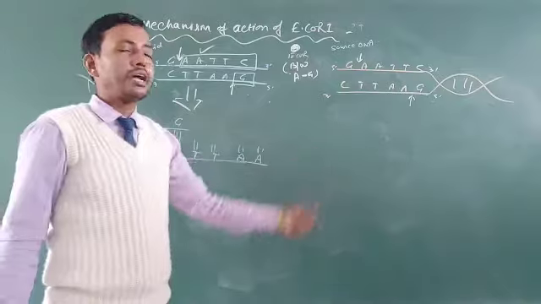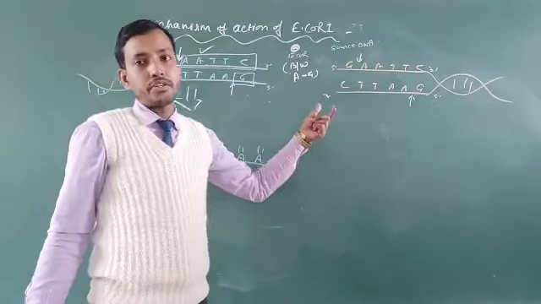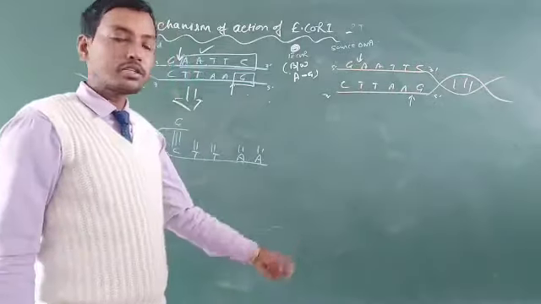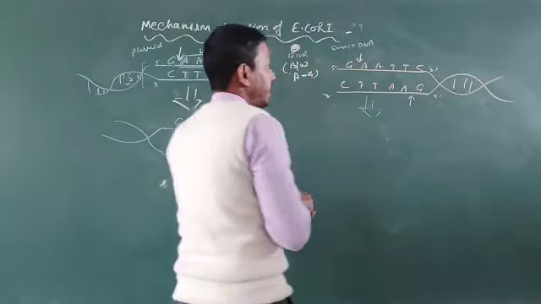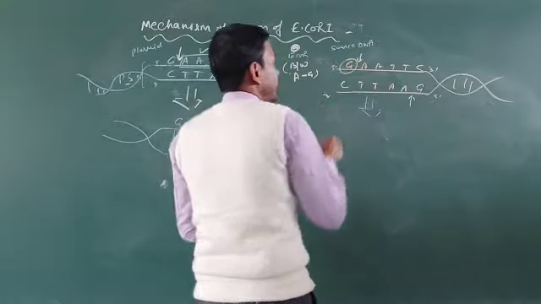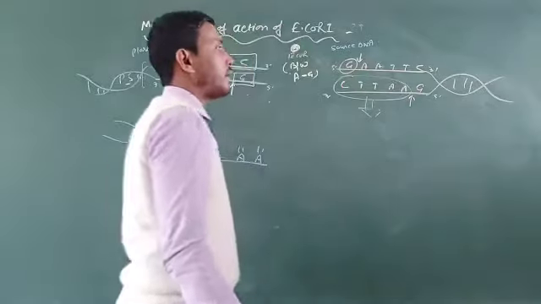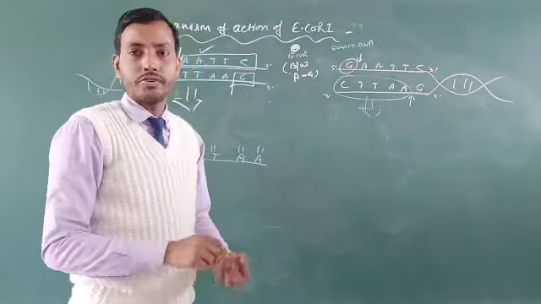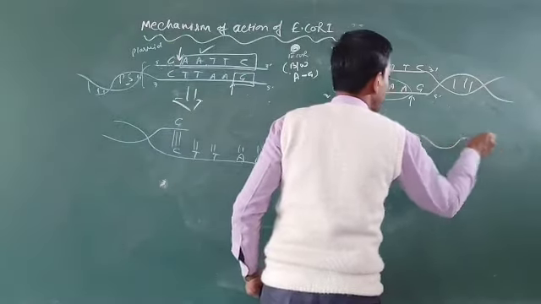Now back to what is left after the application of EcoRI on this kind of DNA, that is the source DNA. Listen, this is the source DNA, and only this portion gets eliminated after the application of EcoRI enzyme. So what is left after the cutting?